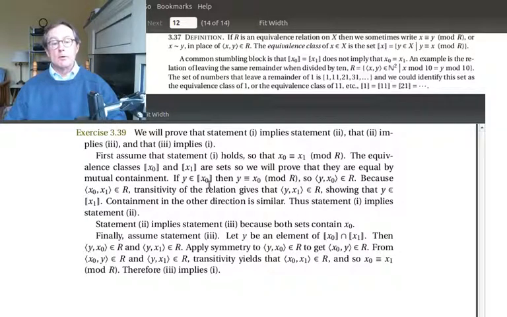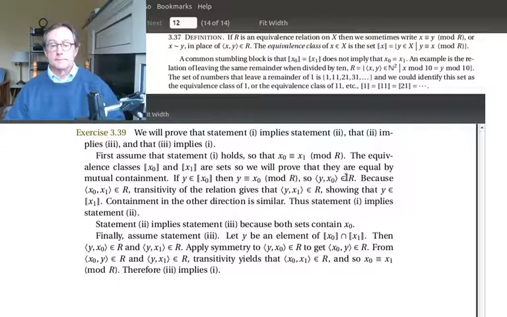So if a number is in the class square brackets 1, if a number leaves the same remainder on division by 3 as 1, then that number is equivalent to 1 modulo 3. Good. So y comma 1 is an element of the relation. And so you can make sure that you're not going crazy by keeping a prototypical example here.